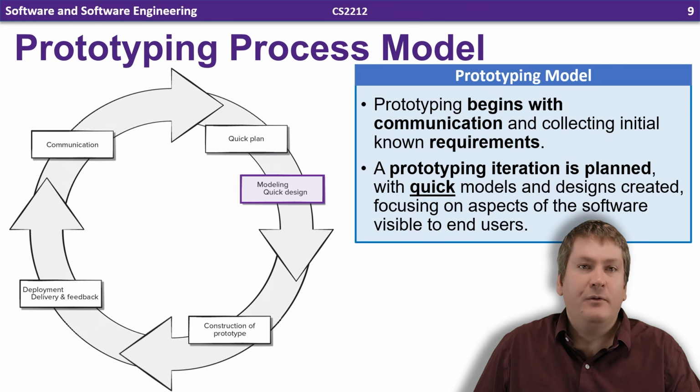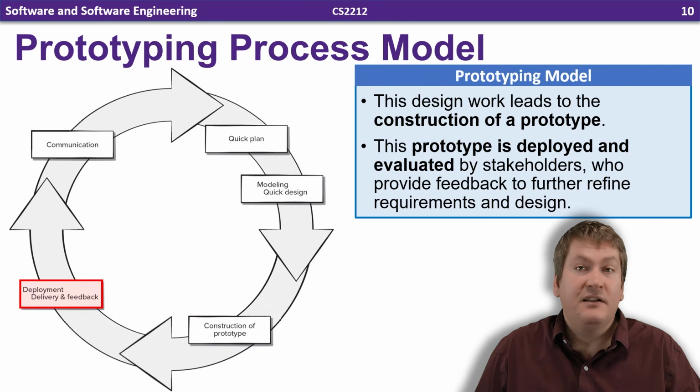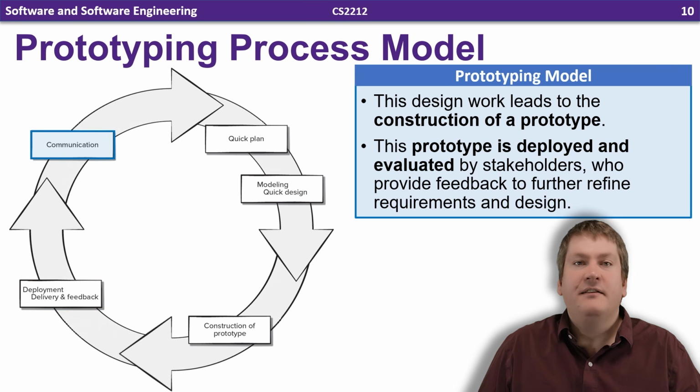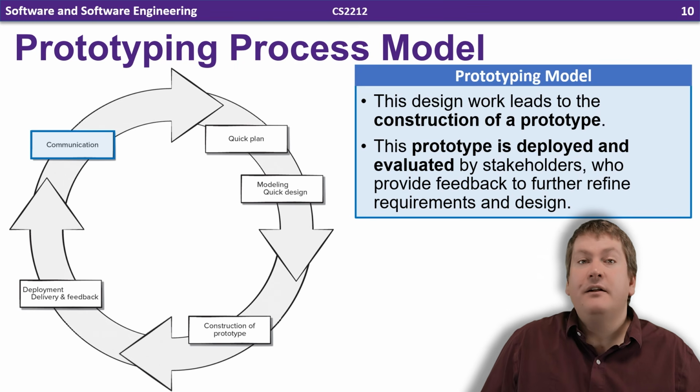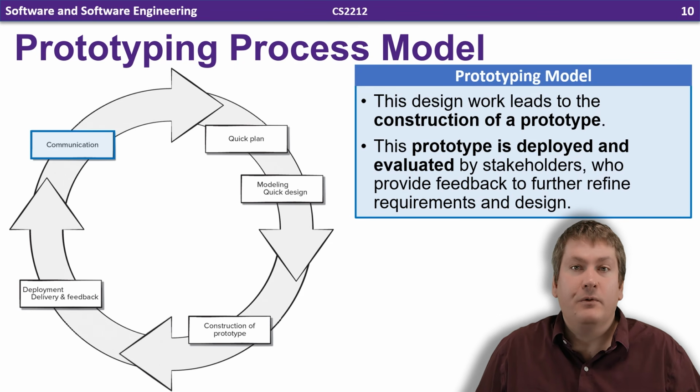Quick models and design work are then completed, which focus on aspects of the software visible only to the end user. This design is then used to construct a prototype, which is then deployed to stakeholders and their feedback is collected. This feedback is then used to start the process over and create a new, more refined prototype. This cycle continues until the prototype satisfies all of our stakeholders' requirements.